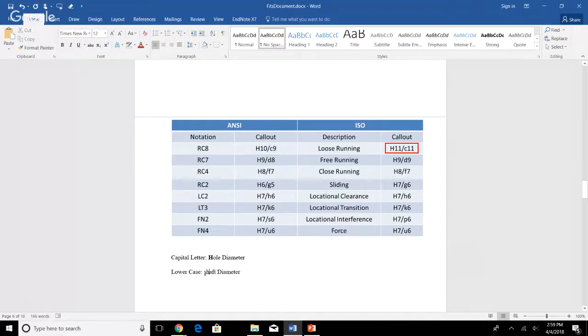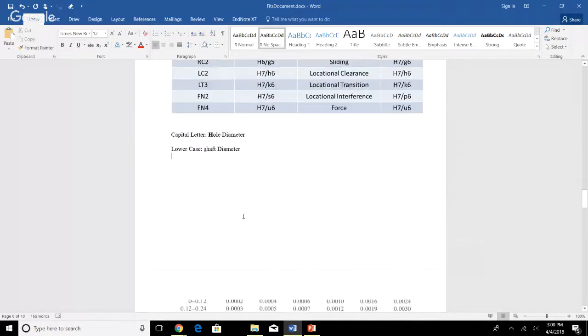So we have a shaft diameter that is our lowercase letter, and that is given over here as well. So these problems are not particularly difficult based off of math. The math is all very easy. However, you do need to pay attention to where you're putting which numbers. And that's really the trick to these types of problems, just making sure that you have put the correct numbers in the correct spots.